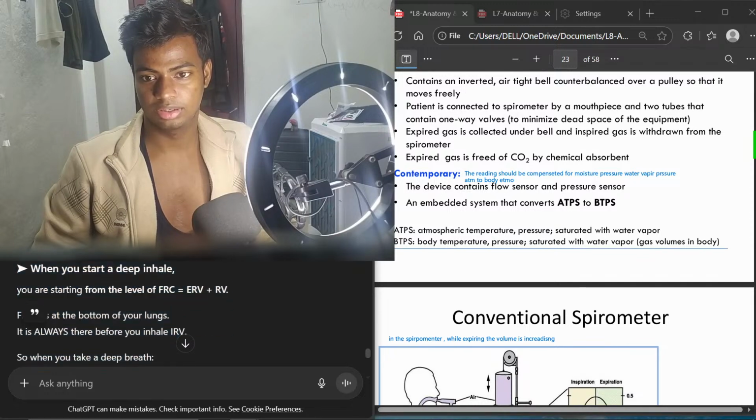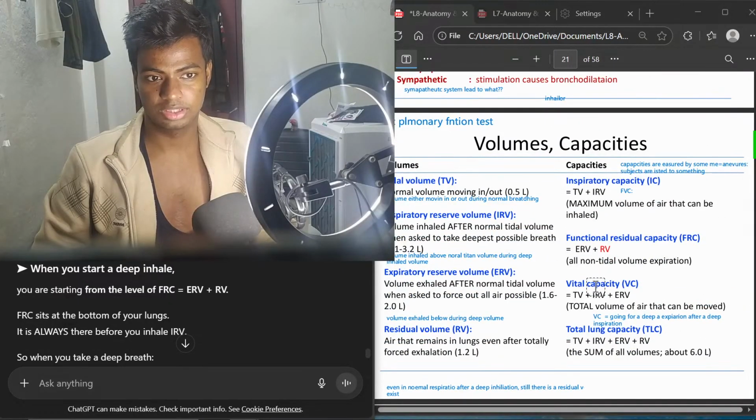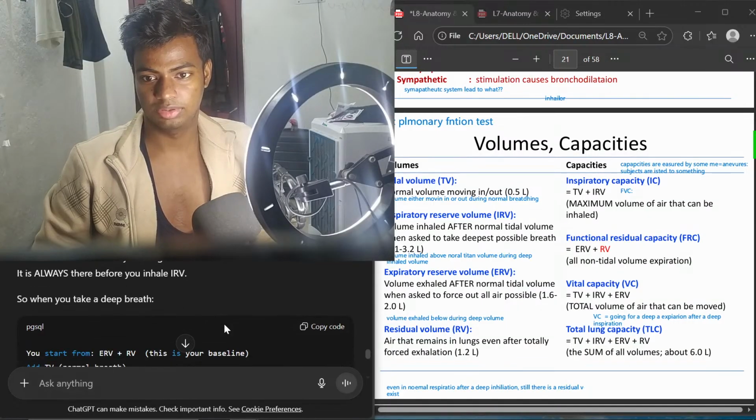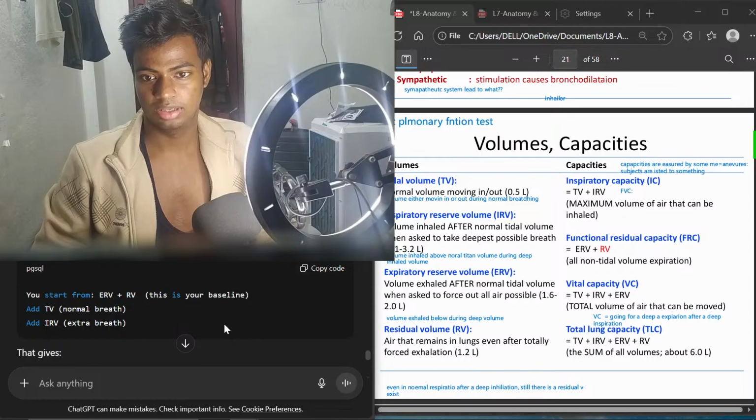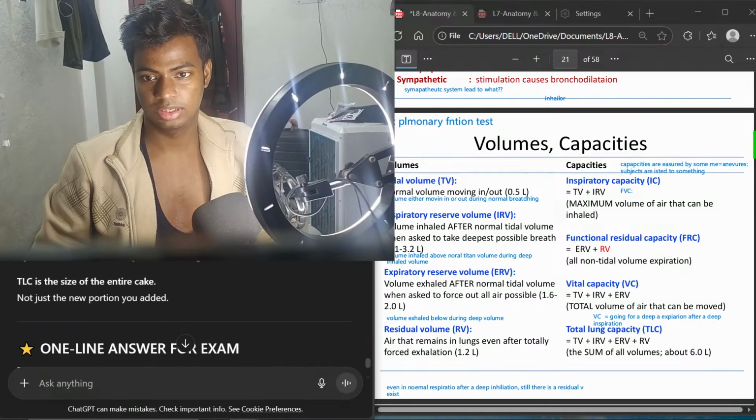Here's the trick. When you start deep inside, you start at the FRC level. FRC sits always at the bottom of the lungs, the functional residual capacity, before you inhale air.